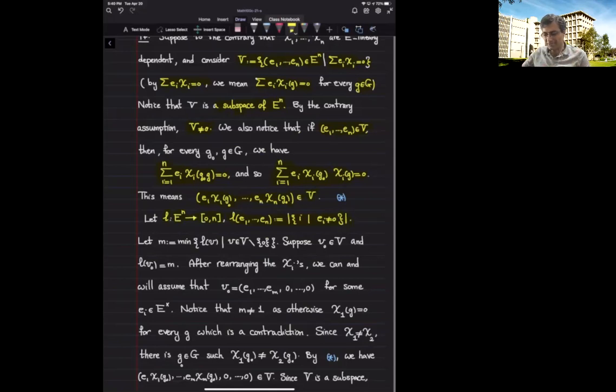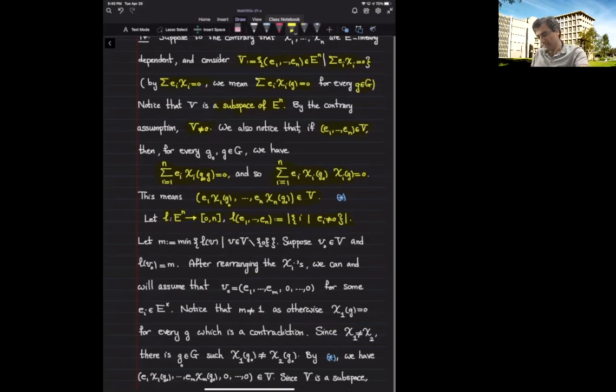And this number is not changing as I apply g_0 to it, because these chi_i(g_0)'s are all units, non-zero values inside E. So if e_i was non-zero, then e_i times chi_i(g_0) is still non-zero, and vice versa. So this L of e doesn't change as I apply g_0 to it. Have this in mind.